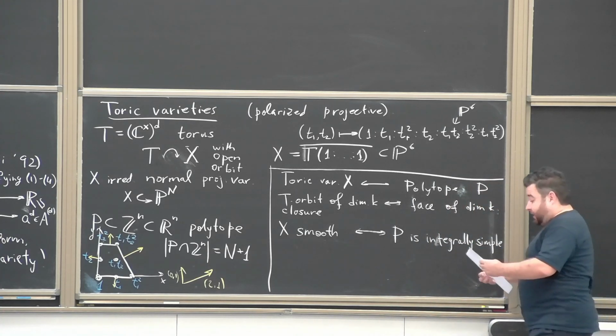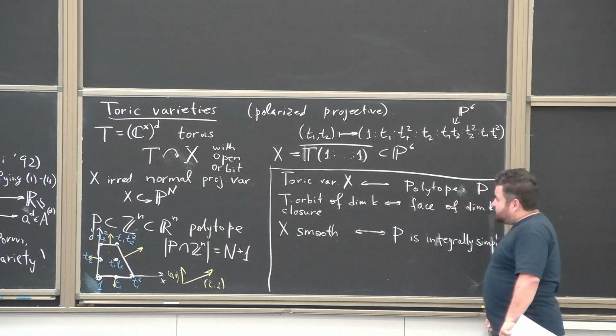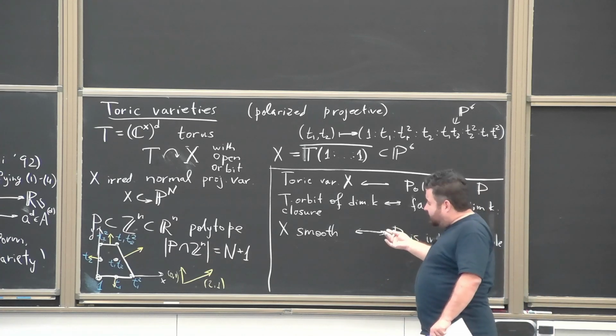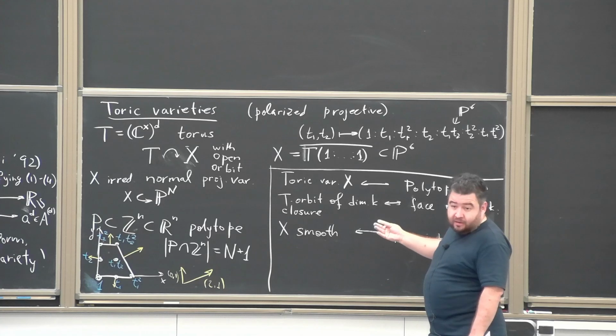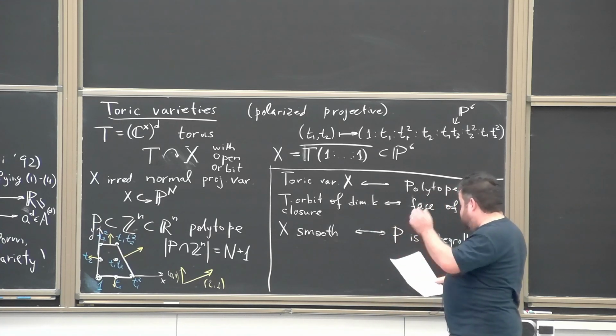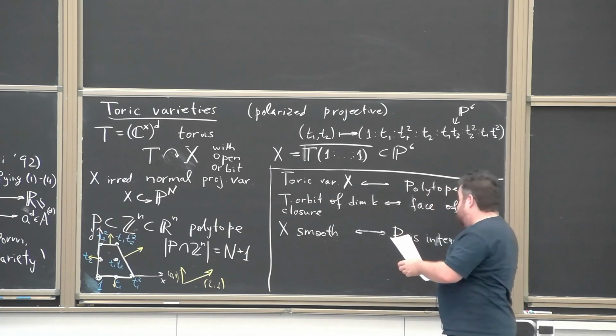What else can I say is that sometimes I can obtain different embeddings of the same variety. So when do I obtain this?